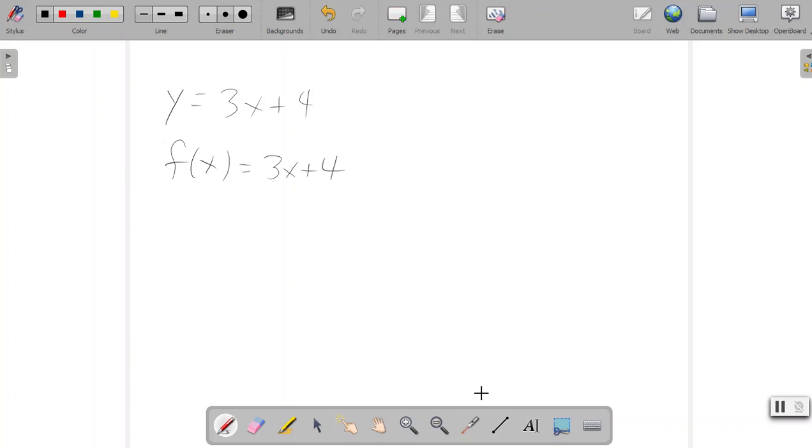So if you know what the domain is, you can always go from there and figure out the range. So really what you're saying with domain is, what values of x are you allowed to use?